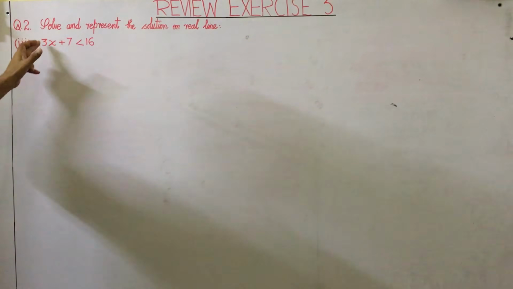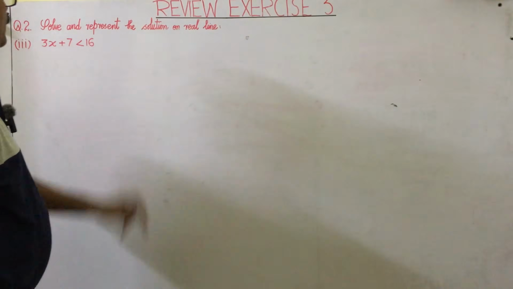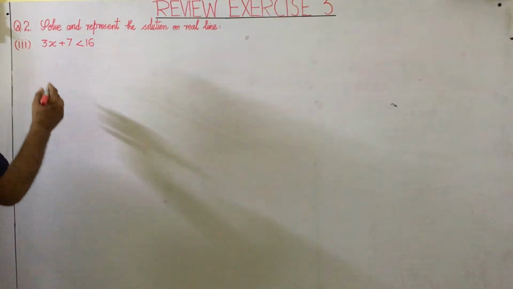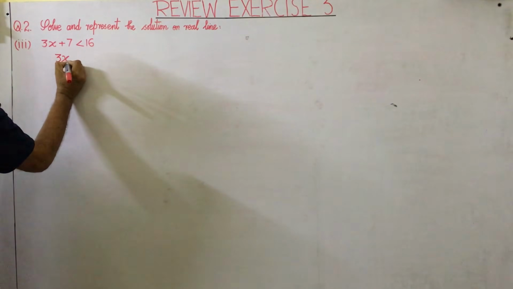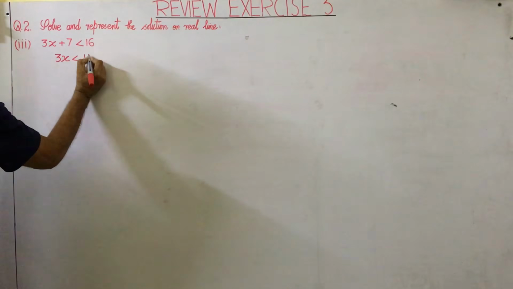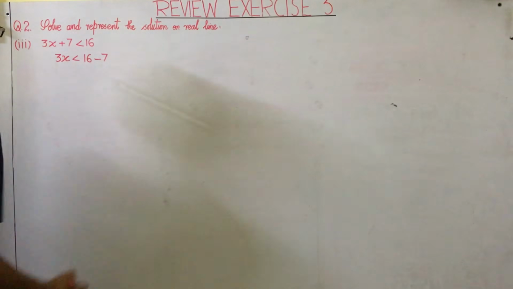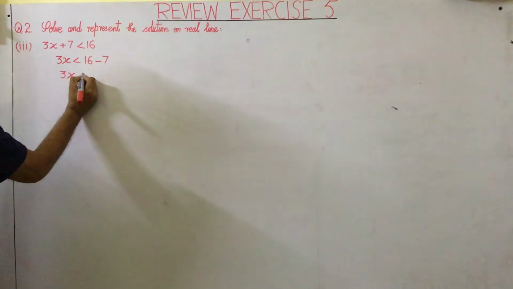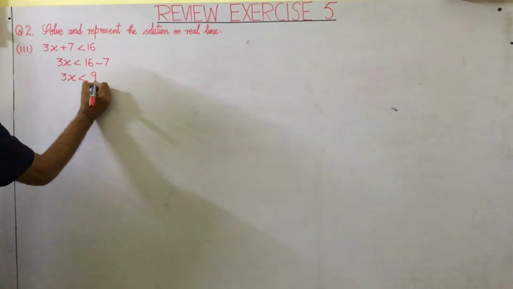Question 2, part 3. Solve and represent the solution on real line. 3x + 7 is less than 16. 3x is less than 16 minus 7, which is 9.